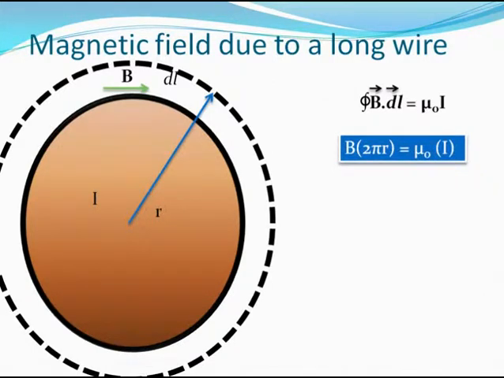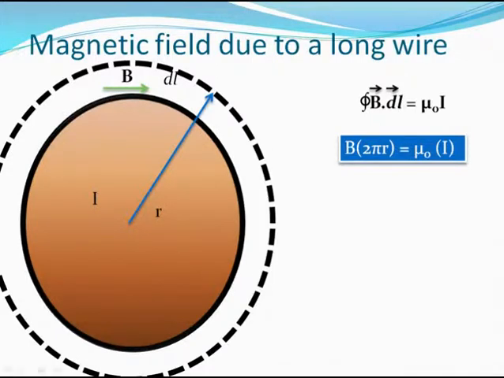So we can clearly say that B into L, or the net length of this loop, is mu naught into I. Now L here represents the entire length which we are covering when we are trying to calculate the magnetic field. So B into 2 pi r, where r is the distance of the point where we want to calculate the magnetic field from the center of this circular wire, is mu naught into I.